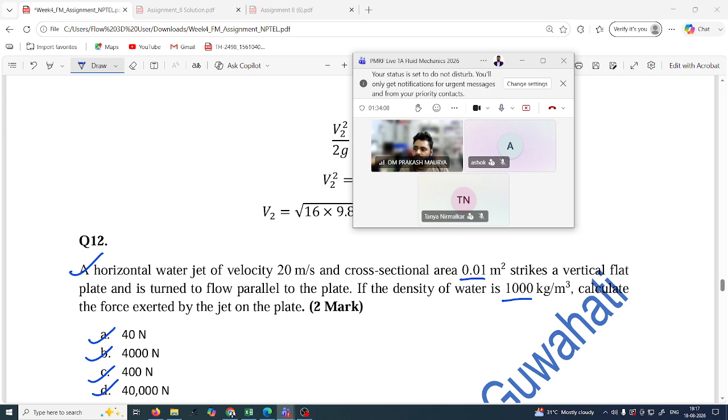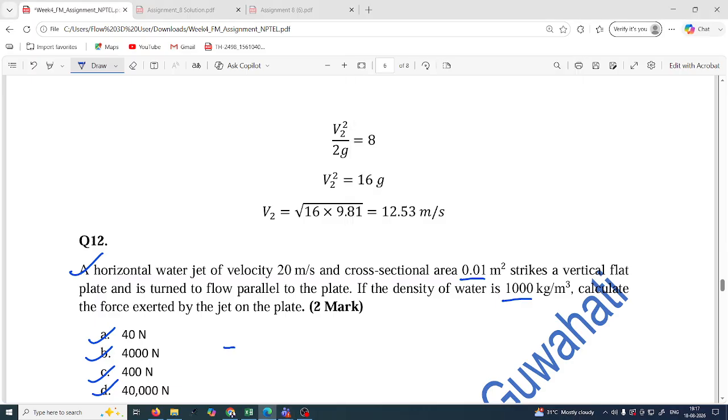Horizontal jet of water with velocity 20 meter per second. So this is a jet of water, horizontal. The velocity here is 20 meter per second and the cross-sectional area is given as 0.01 meter square.